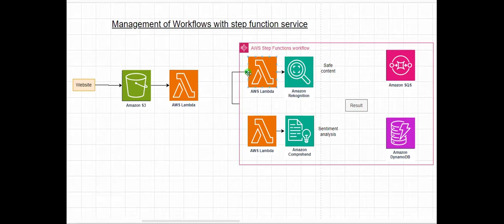We need to process this as well as this parallelly, right? Yeah. So we can do those two things parallelly at first. We use a state machine in order to manage this workflow. We call the management item in Step Functions a state machine.